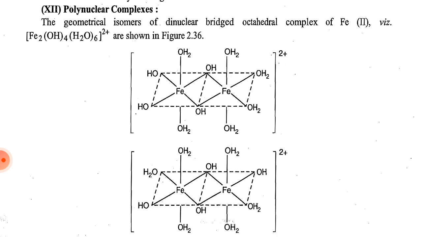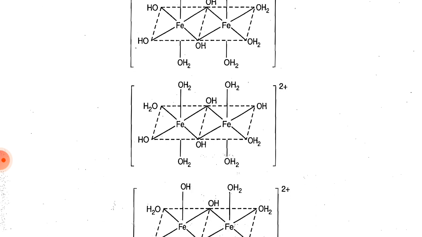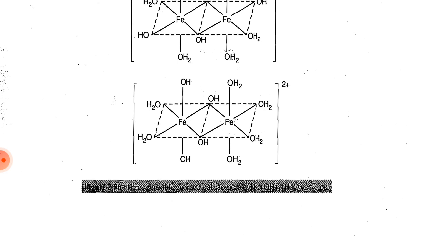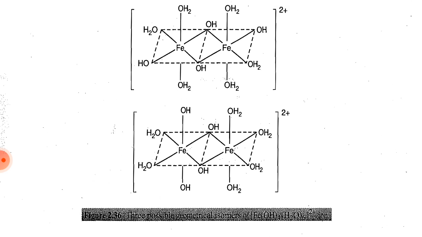Next is the polynuclear complex. The geometric isomers of the dinuclear bridged octahedral complex [Fe2(OH)2(H2O)8] 4 plus. So this dinuclear bridged octahedral complex shows geometric isomers. This is the geometric isomer of [Fe(OH)(H2O)] 2 plus.